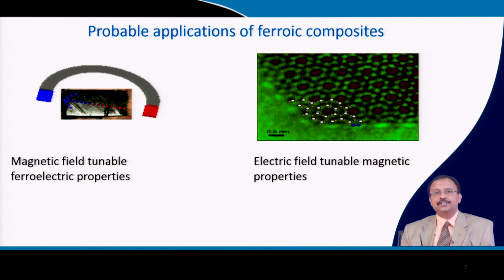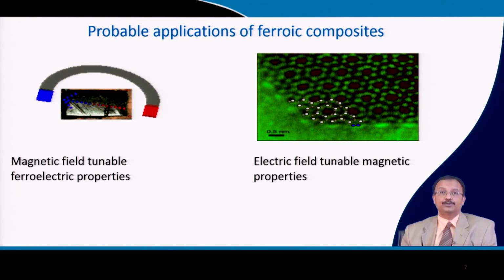So, the probable applications, this is not yet in the market, but as you can understand, you can tune a ferroelectric material by the application of a magnetic field. So, a magnetic field can be used to polarize the material electrically. Those kinds of devices can be generated, where a magnetic field can tune the ferroelectric or dielectric property of this composite, or vice versa, an electric field can also tune the magnetic property.